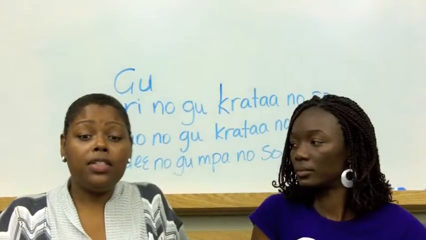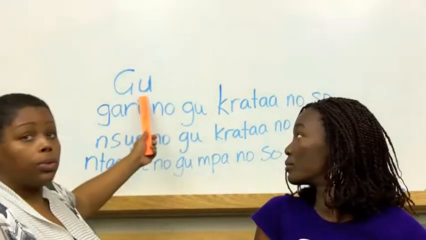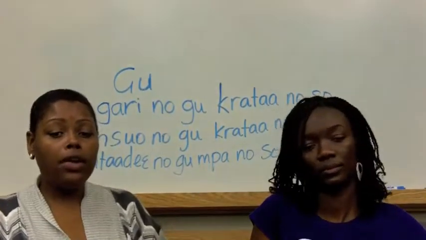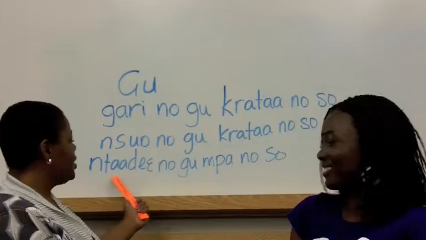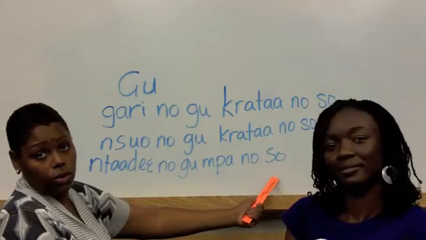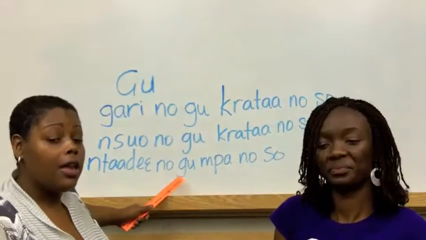Even large objects that are spread over a location are described with gu. For example, if I'm doing washing and I throw the clothes on the bed, I'd say intadieno gu mpa noso. This means that the clothes are on the bed.